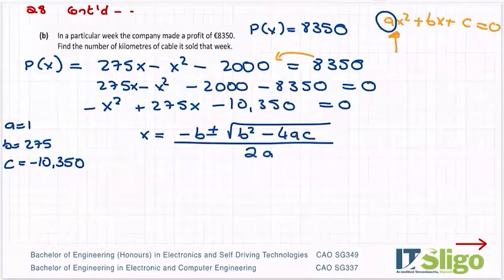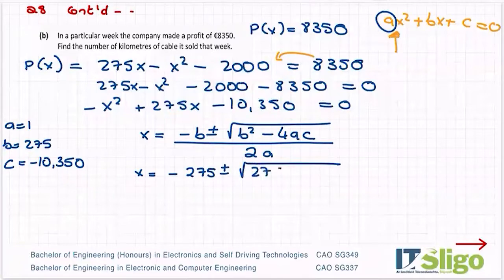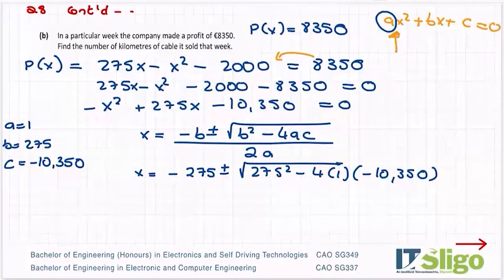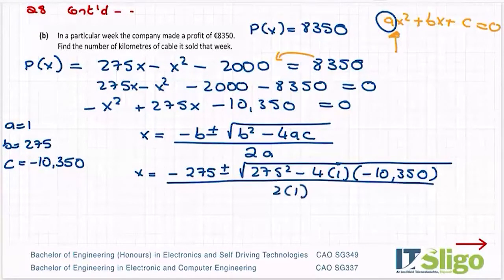So let's sub in: minus 275 plus or minus the square root of 275 squared minus 4ac, all over 2a.